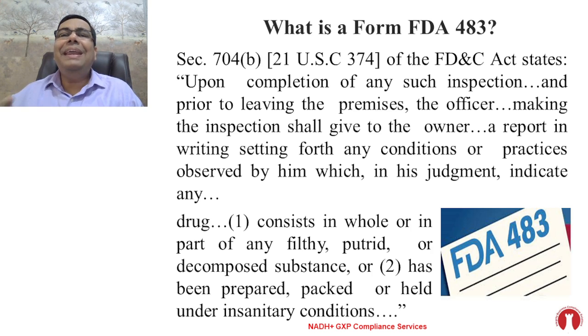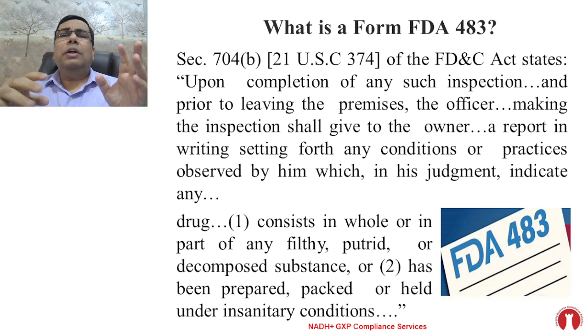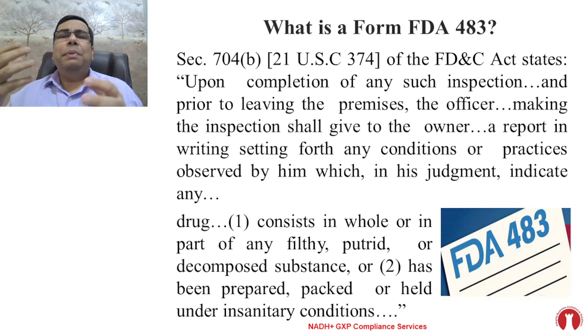Upon completion of any such inspection and prior to leaving the premises, the officer making the inspection shall give to the owner a report in writing setting forth any conditions or practices observed by him which in his judgment indicate that any drug consists in whole or in part of a filthy, putrid or decomposed substance, or has been prepared, packed or held under unsanitary conditions, etc. So in this case, the FDA 483 is given.